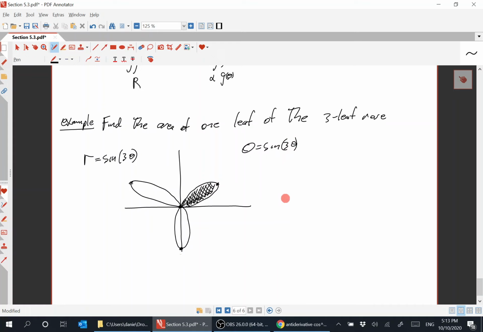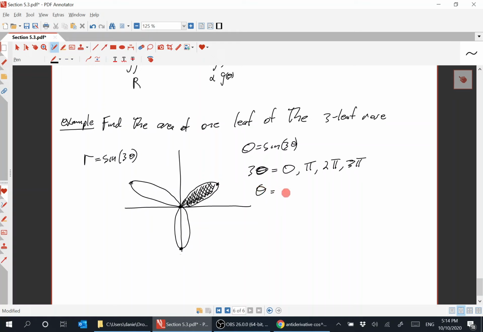Let's write down a few angles. 3 theta is equal to 0, pi, 2 pi, 3 pi, every integer multiple of pi.